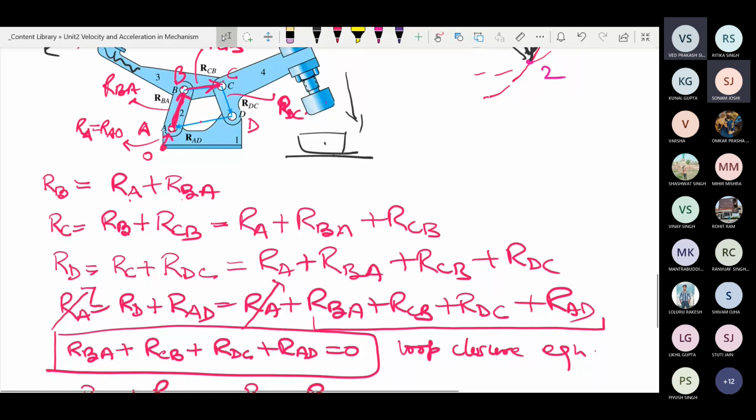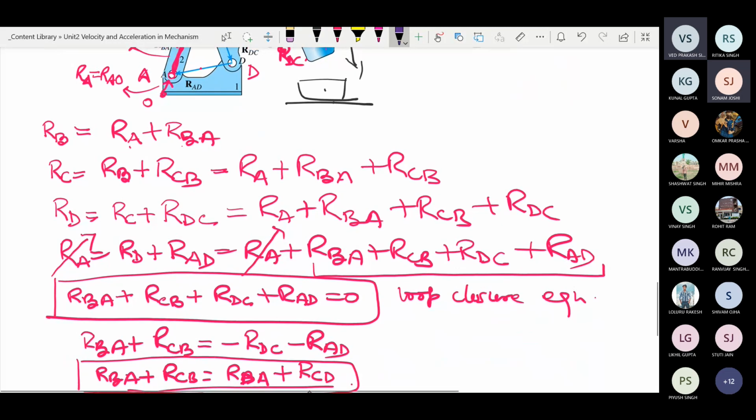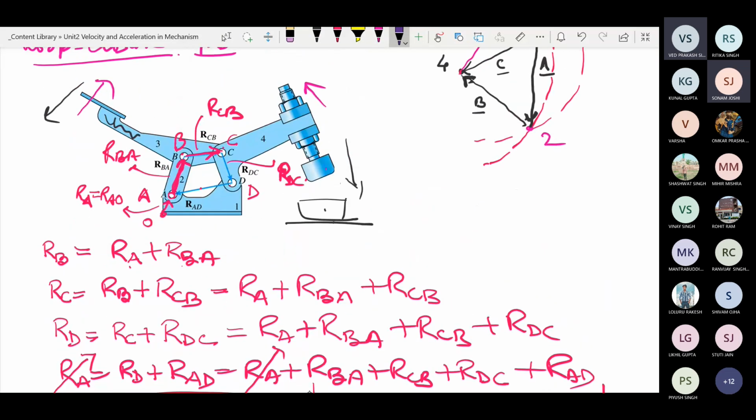The second path which I am choosing is RDA plus RCD. Means we are going from A to D and D to C. So A to D is this one, and C to D is this one. So we came to joint C in two different manners. So the first value and the second value are supposed to be the same, because this is the resultant value, the shortest path. So they are supposed to be equal. So this is our loop closure equation.